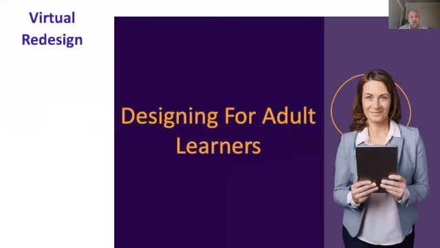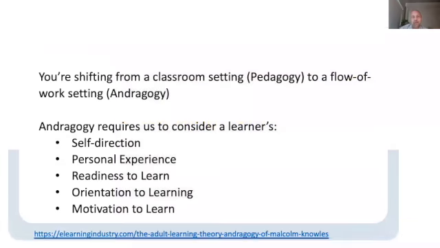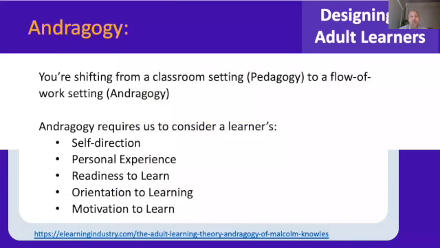All right, so now that we've talked about getting those first questions out of the way, I think it's important to think about the fact that we have adult learners here. A lot of times when we've had that face-to-face environment, I hate to say it, but the word pedagogy comes to mind, where you're treating people a bit like students in a traditional classroom, whereas what we prefer to do is have people do more of a workshop environment where they're developing a skill based off of their existing experience.